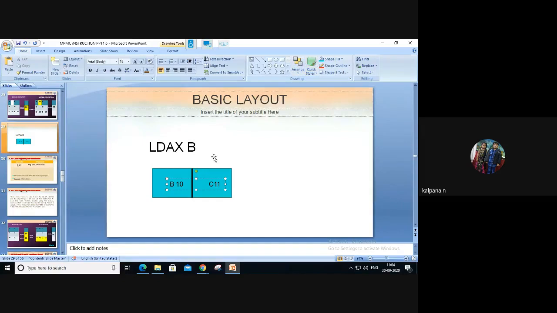And next, LDAXB means what? 10, 11. So at this 10, 11 location, what is the data present? 50. Okay. So this 50 is moving into where?